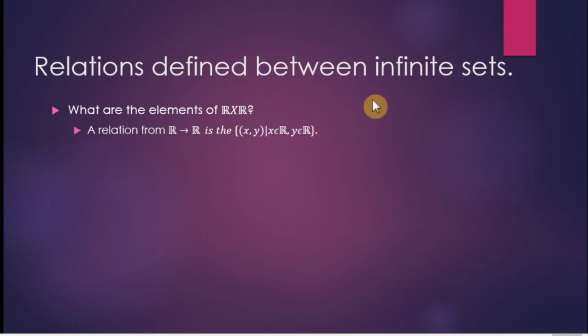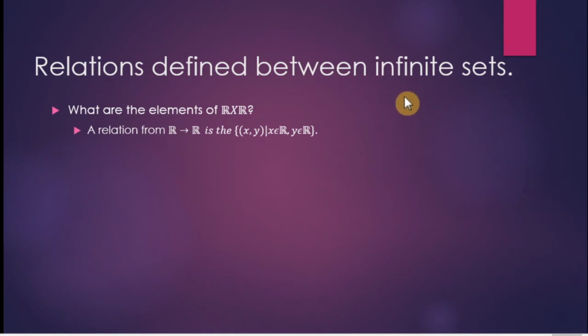Since there are infinitely many points, we are working with infinite sets, so the elements of R cross R should also be infinite. Listing the elements of a relation for this case is different if we're going to make use of our roster method. If you observe from our previous examples with our finite sets, we were just simply listing the elements of our relation by way of the roster method.